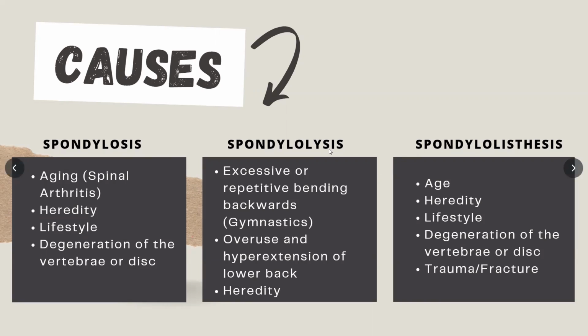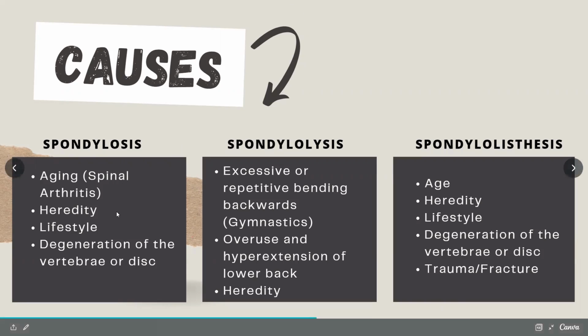Then for spondylolysis and spondylolisthesis, it is common for children and adolescent patients that engage in sports such as gymnastics, weightlifting, or soccer. So spondylosis is related with aging kasi nga nagkakaroon ng osteoarthritis, most commonly yung mga elderly patient.